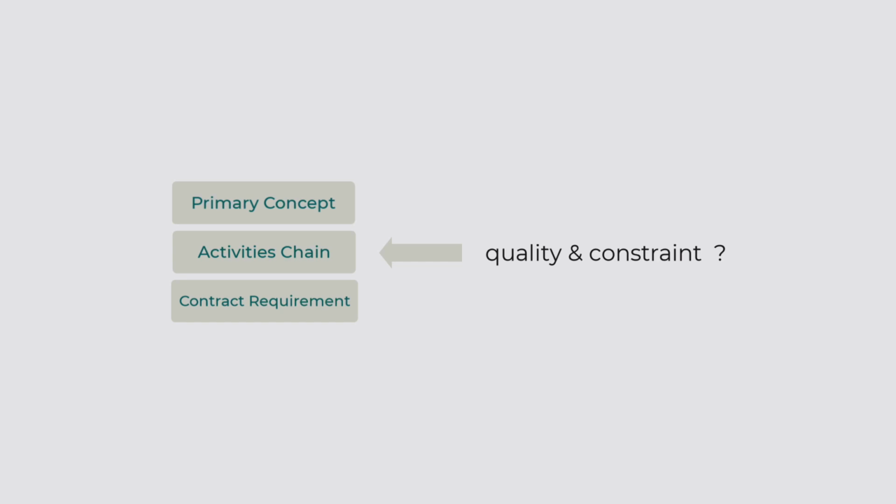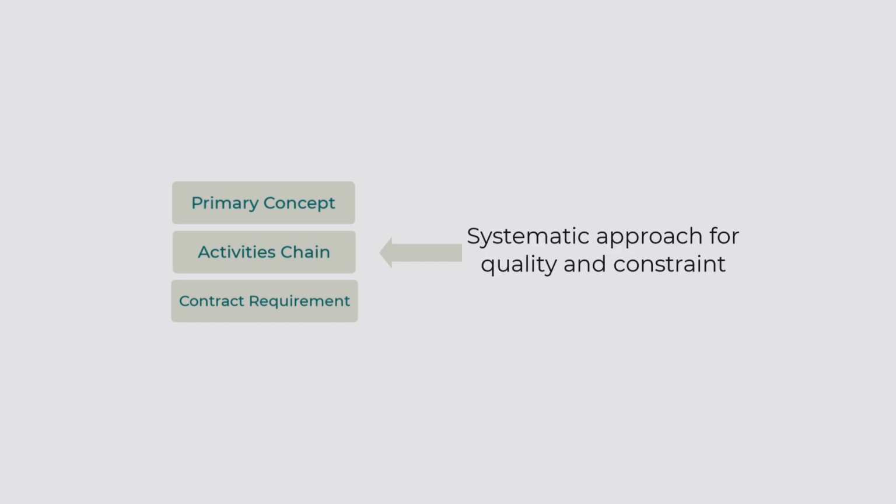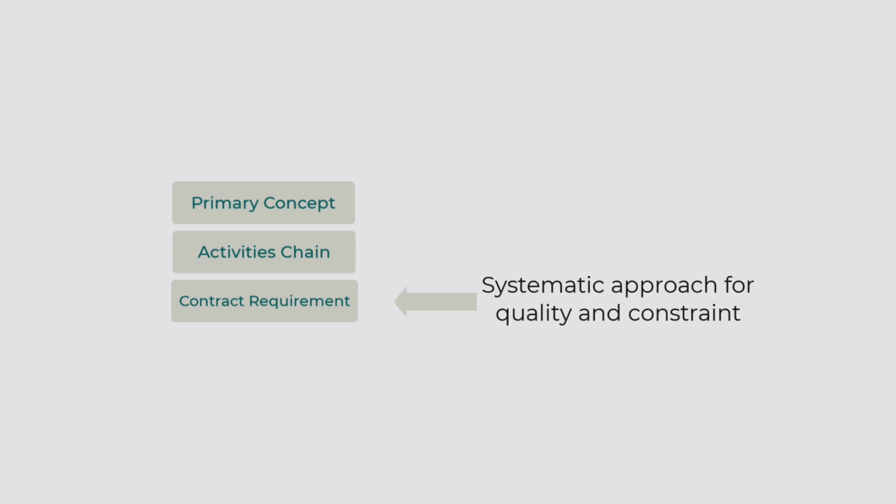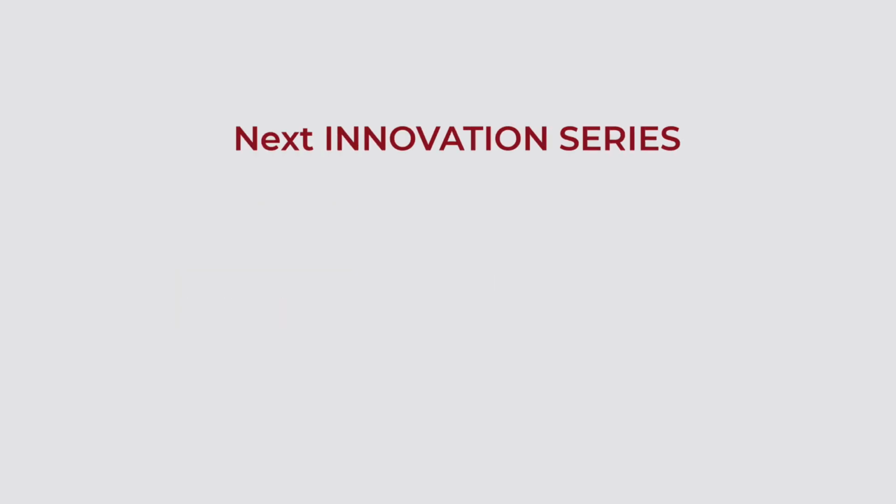This raises a crucial question. What is the systemic approach to incorporating these changes? Should they be included in the primary concept, the activity chain, or directly in the contract? Furthermore, what formula or framework should be used to address these adjustments? These questions will be the focus of the next innovative series.